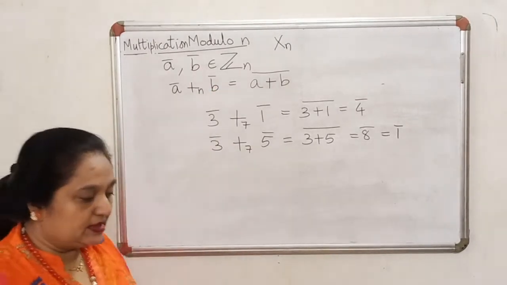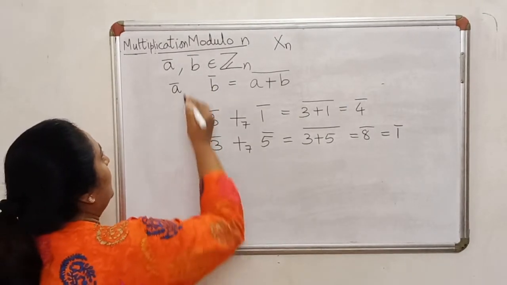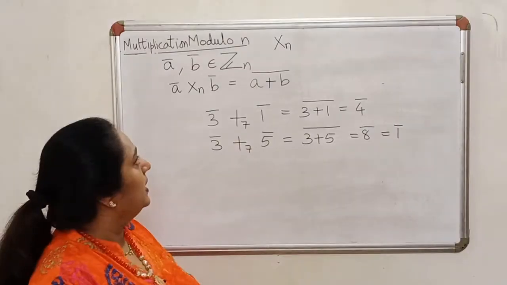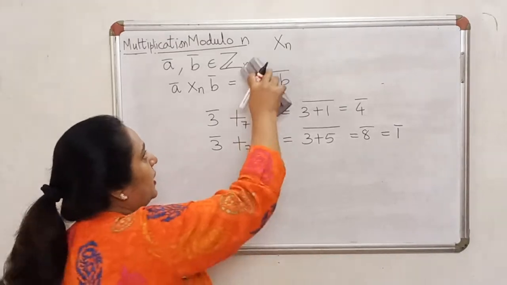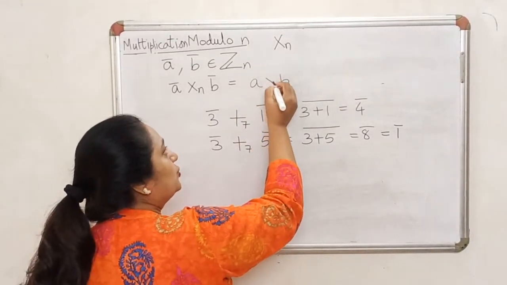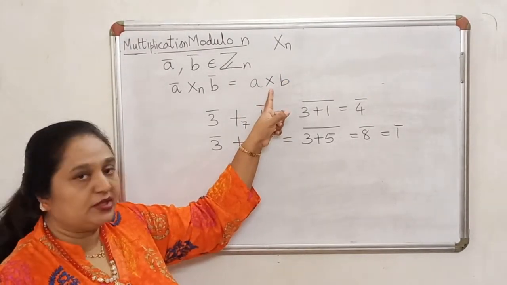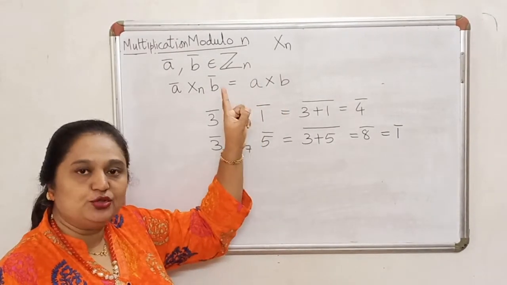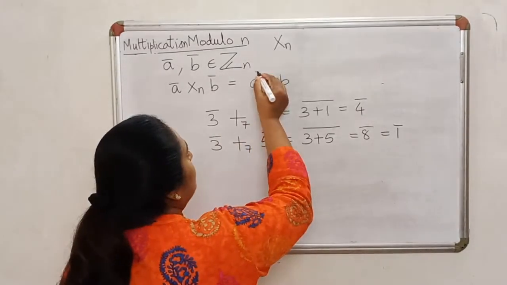We take any two elements a bar and b bar in Zn, and we define the operation of multiplication modulo n as follows. Again, a and b are integers. So we look at a and b as integers. Use the usual operation of multiplication of integers. So this operation that I have written on the right hand side is the usual multiplication of integers. And then we take the bar of this.